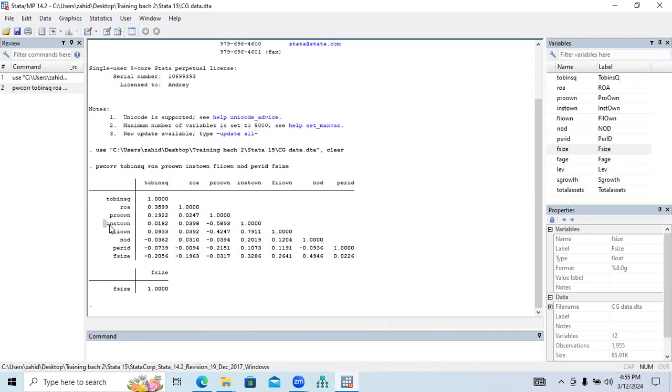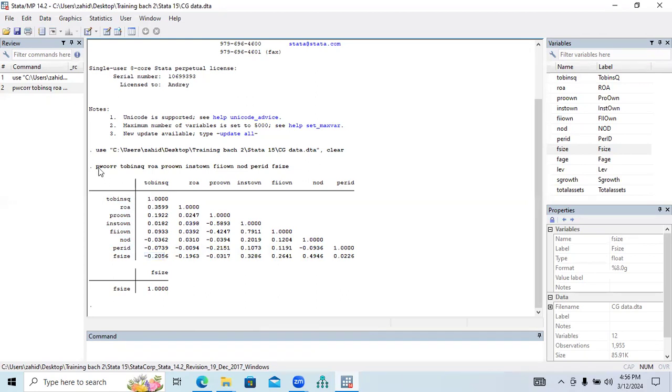Then you can see institutional ownership. It is still a weak positive correlation, and you can see negative correlations as well with other combinations of variables. So we want to see whether this combination of variables is showing a significant association or not.